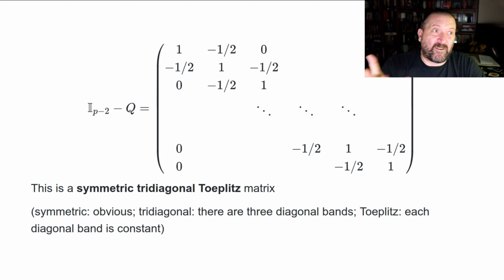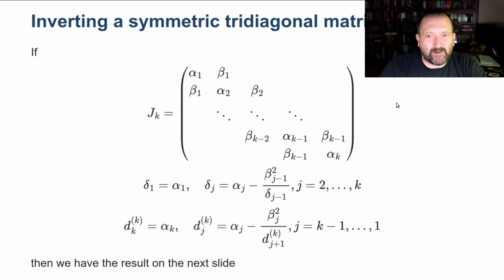I'll point out that it's not required numerically; you can invert it much more easily. This is just to show you that in this instance you can compute explicitly the inverse of this matrix I minus Q.